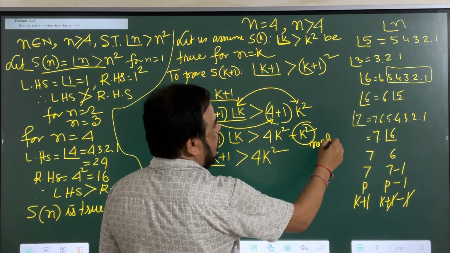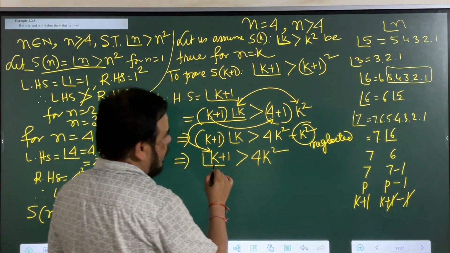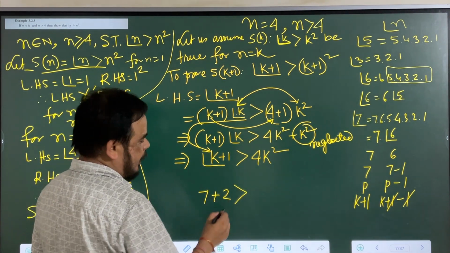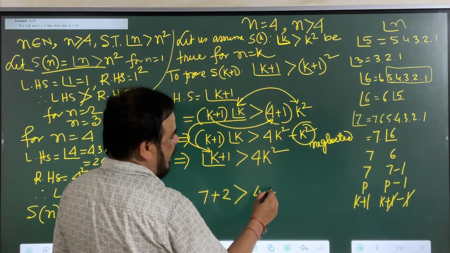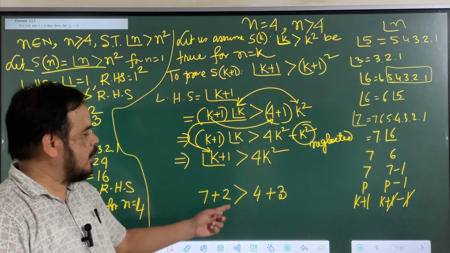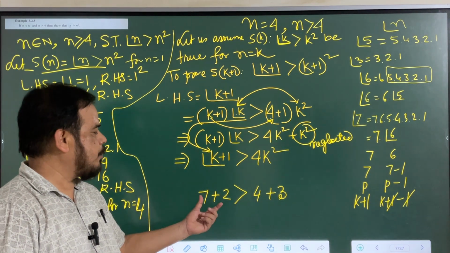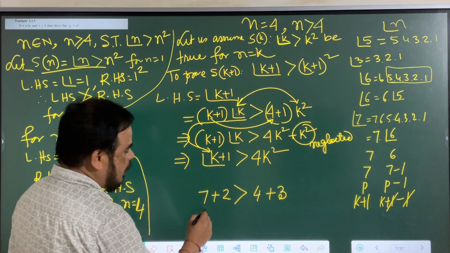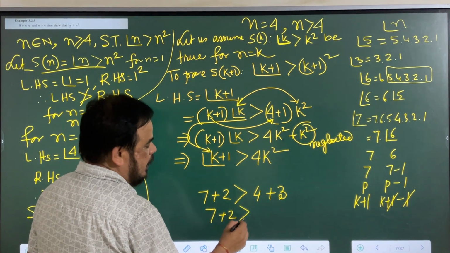Why neglected? Look here. 7 plus 2 is greater than 4 plus 3. So next line we can write 7 plus 2 is greater than 4.